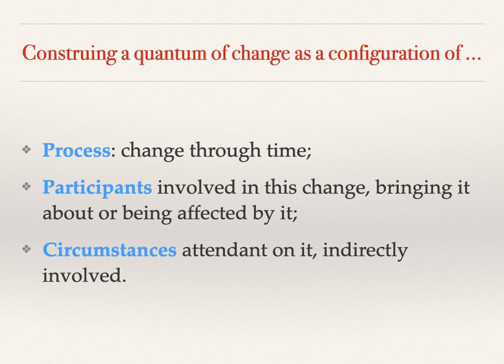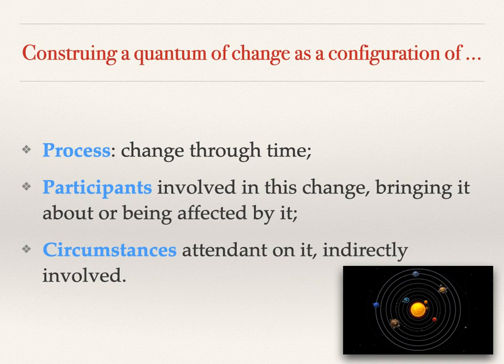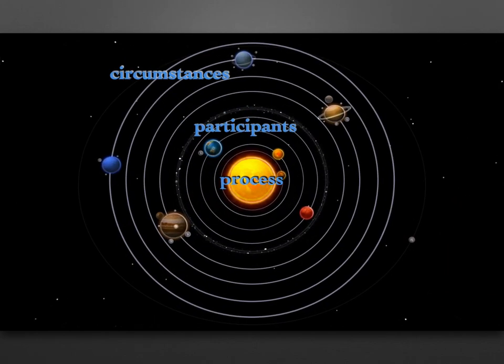To help us think about it, we can use the analogy of our solar system. Imagine the sun as a process, and then planets that circulate fairly close to the process and are affected by it, in different ways, as participants.